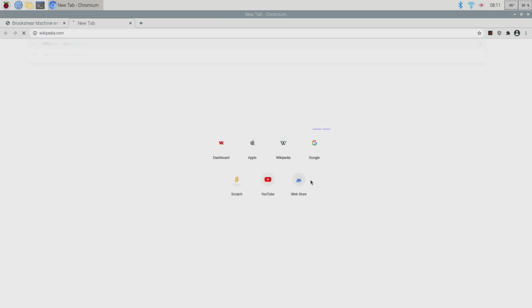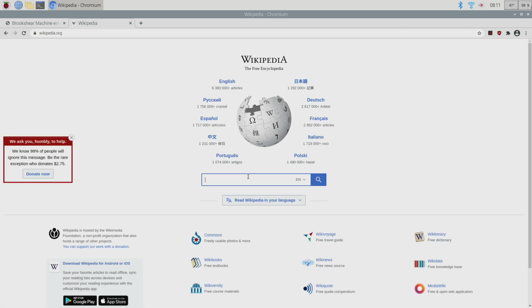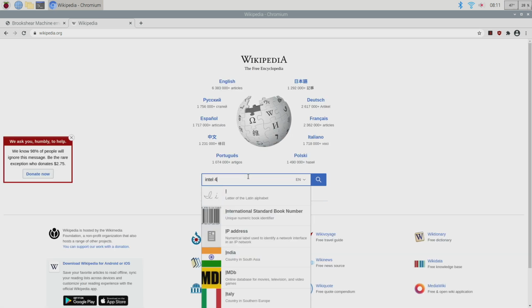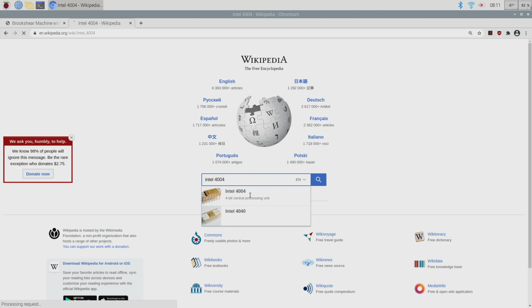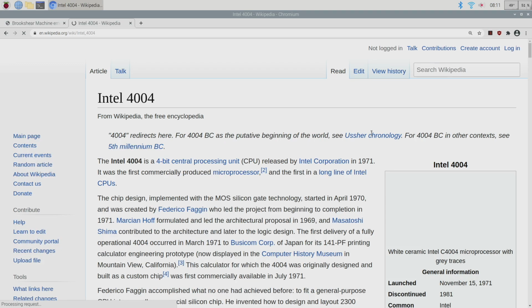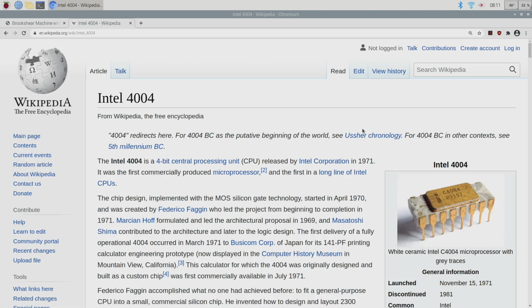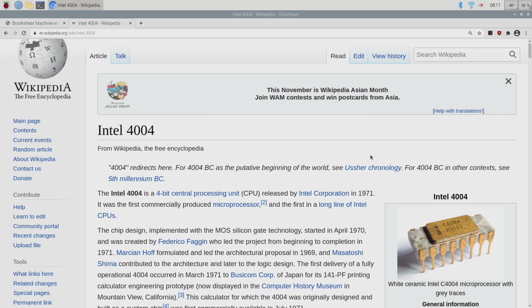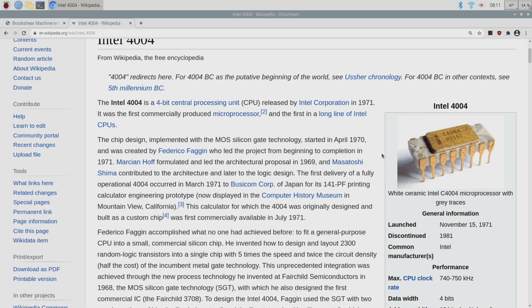For that, let's go to the bastion of all knowledge of Western civilization. Okay, and let's talk just a little bit of history here about the Intel 4004. This was the first commercially produced and commercially available microprocessor, meaning the whole thing was on a single chip.